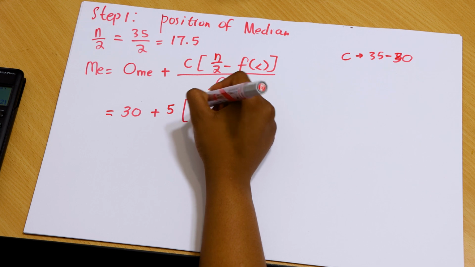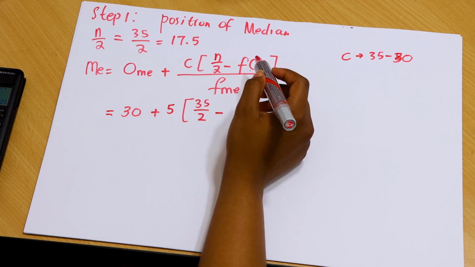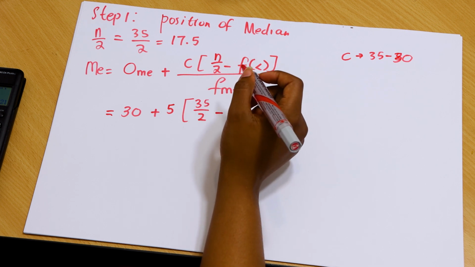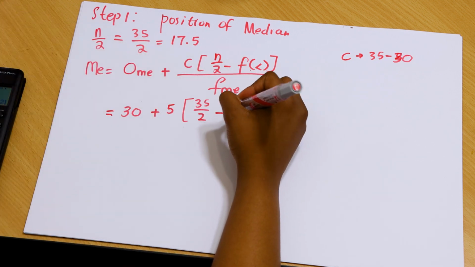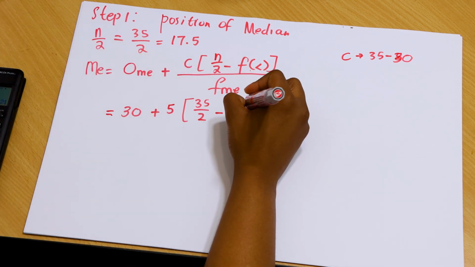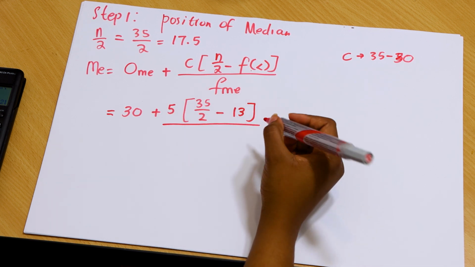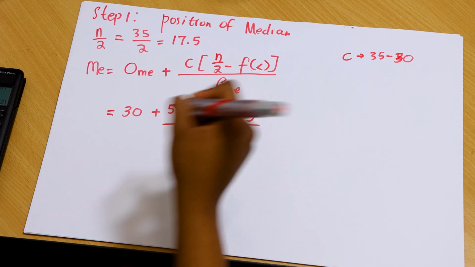And then N is 35 over 2. And then we said this is the cumulative frequency of the interval before. Right, so the cumulative frequency of the interval before, we saw that it's 13. So it's 13 divided by the frequency of that interval, which is 8.